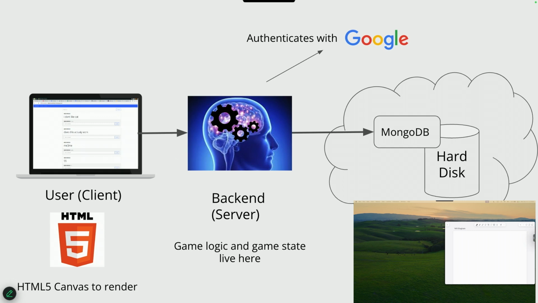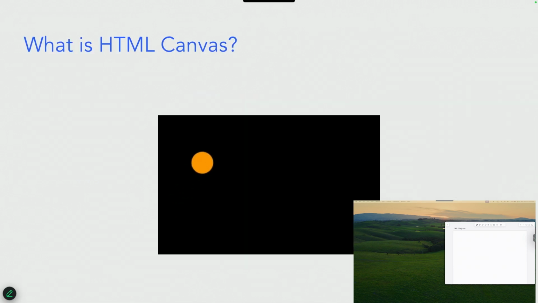And we'll use something called HTML5 Canvas, which is a built-in feature of HTML, to actually draw the visuals of the game. So what exactly is Canvas? Canvas is an HTML tag, an HTML element, similar to things like the div, but it allows you to draw essentially a rectangle-shaped thing, and it draws it very, very quickly, and allows you to draw things repeatedly, constantly, over and over again.